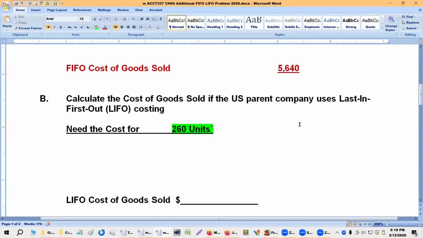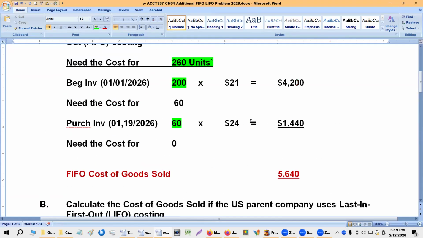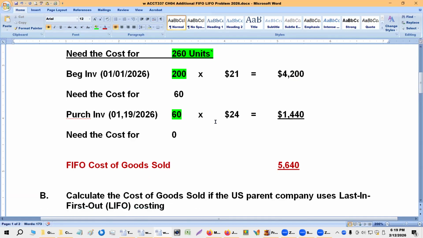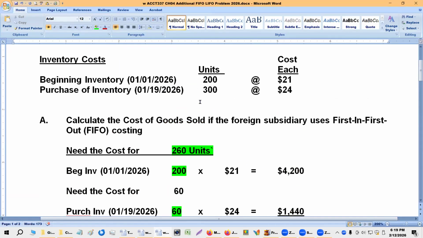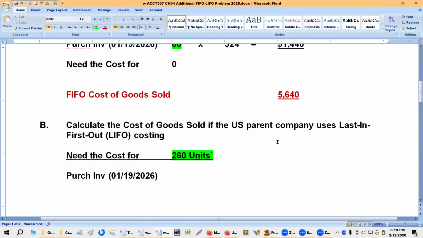Okay, so we need cost for, so we go to the purchase. Okay, and we can take all 260 out of this level because there's 300 in that layer. But we can take all of them for this.